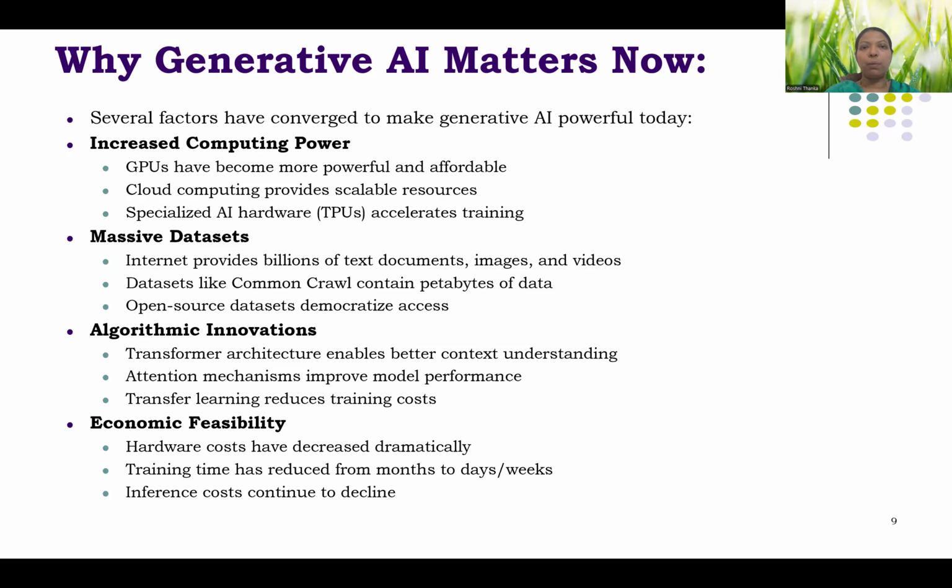Now GPUs are so powerful. We have good GPUs, we have TPUs, we have cloud resources. All this paved the way for generative AI. And the next one is datasets. Plenty of datasets are there. That is another reason why generative AI matters a lot. Then algorithmic innovations.